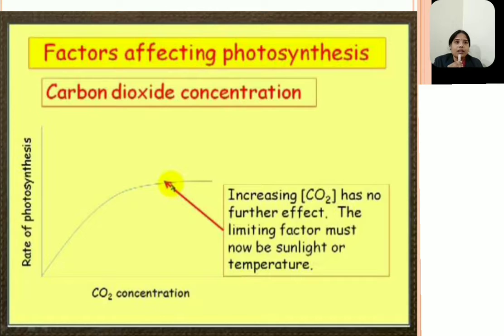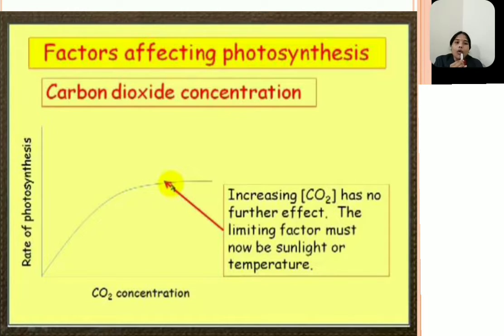The second external factor affecting photosynthesis is carbon dioxide. Low concentration, 0.03% of carbon dioxide in the atmosphere, acts as a limiting factor in natural photosynthesis when other environmental factors are optimum.